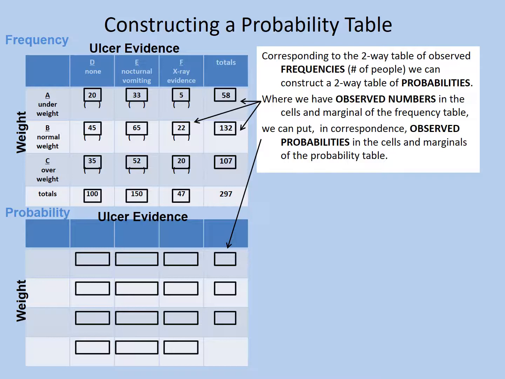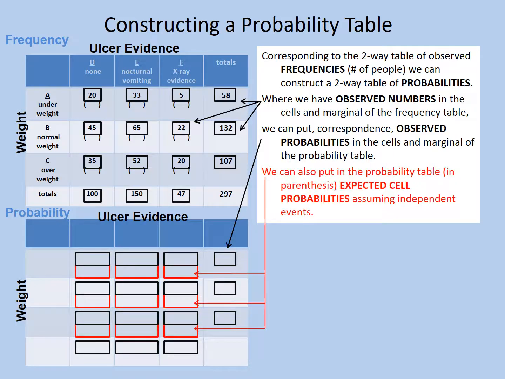We can put in correspondence observed probabilities in the cells and marginals of the probability table. We can also put in the probability table, in parentheses, expected cell probabilities assuming independent events.